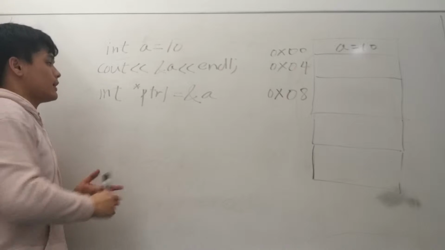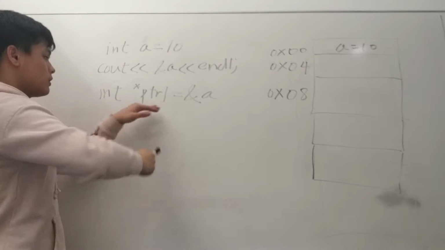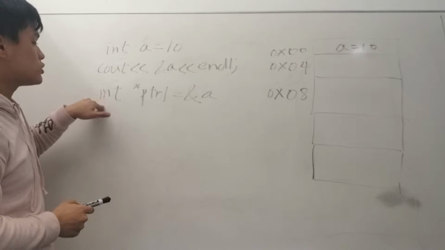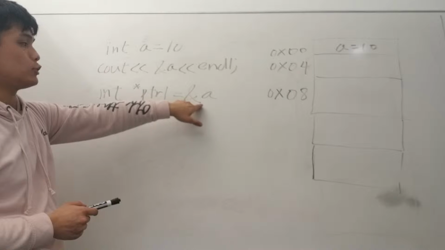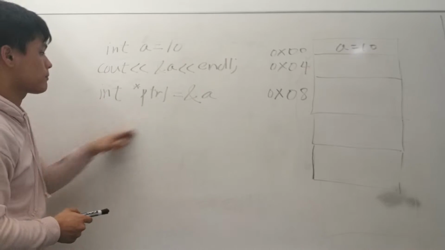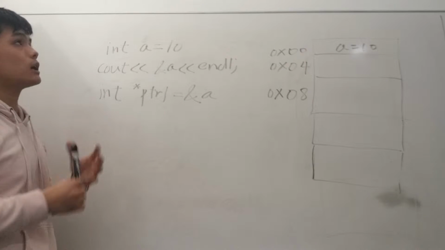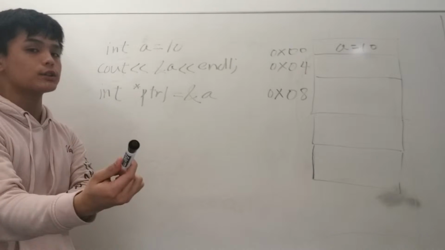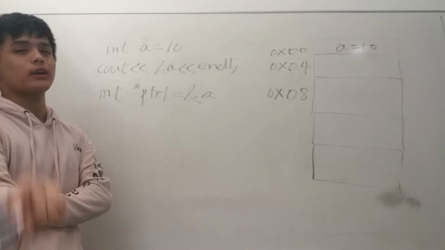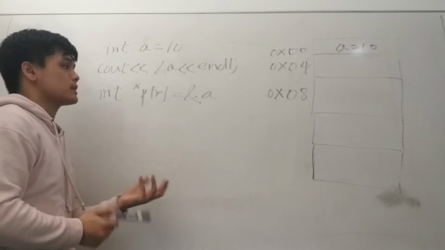So the program is saying that I have this pointer type variable, integer pointer type, called ptr1, and I set the value to the address of object a. Okay, pointers have types. So if you're an integer type pointer, you cannot point towards a character, and for a character type pointer, you cannot point towards an integer, for example.